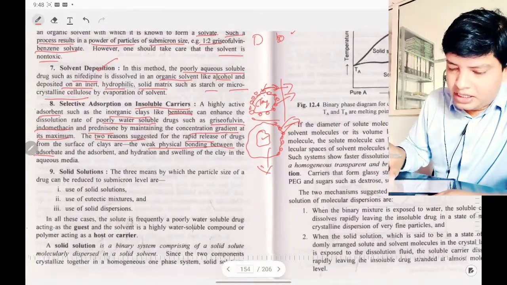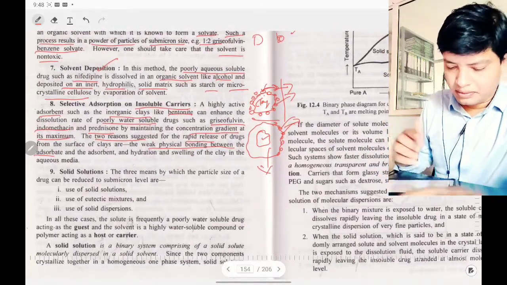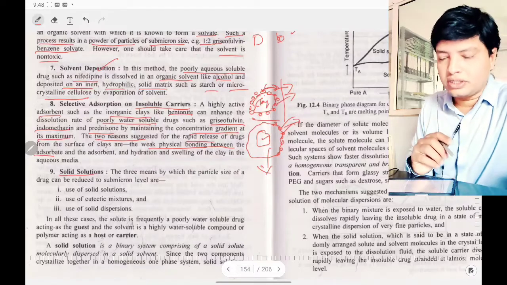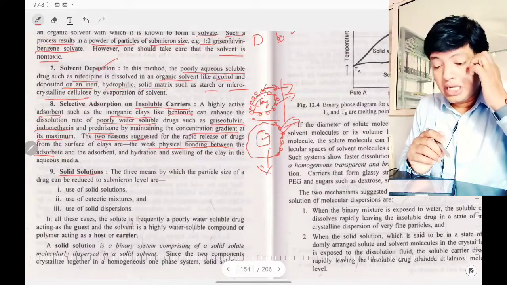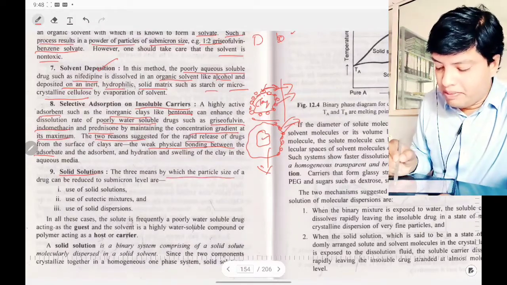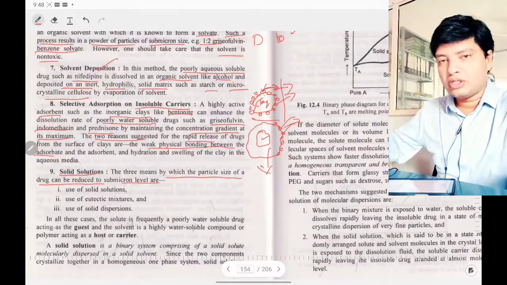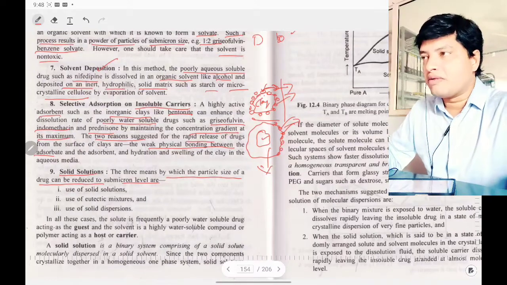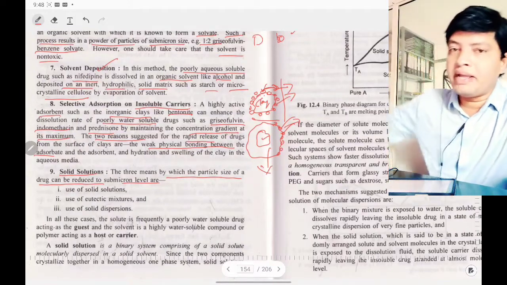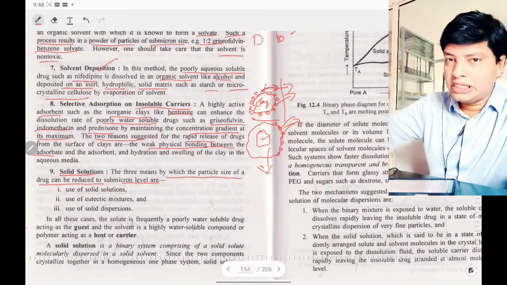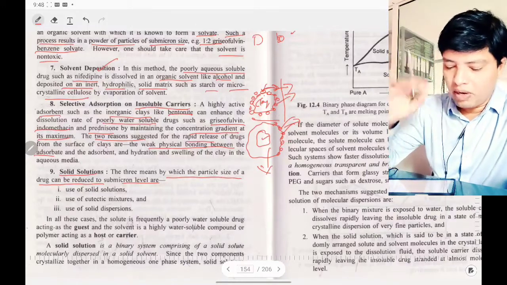Then the next point is solid solutions. What do you mean by solid solutions? There are three means by which the particle size of a drug can be reduced to submicron level. Again, we are converting the particle size to submicron level by using the solid solution method. What are they?